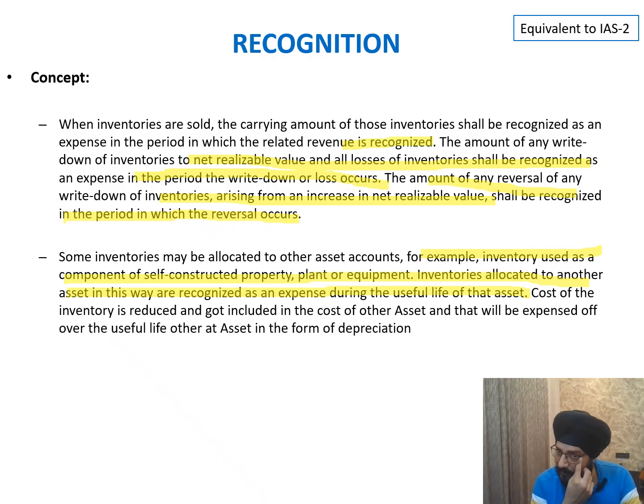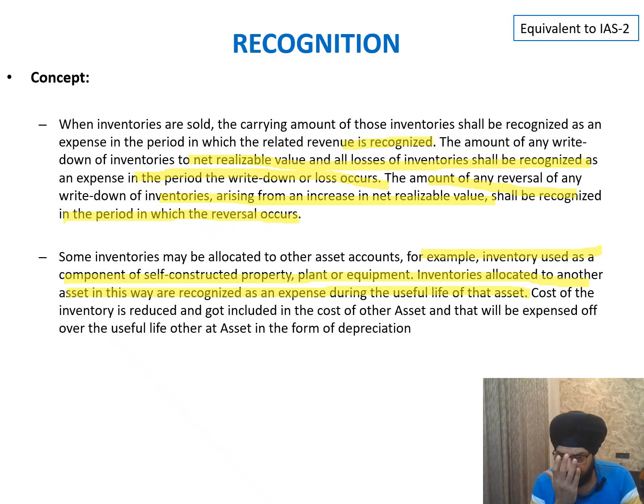For example, if I am a manufacturer producing some component which can be used in a genset, and I am creating my own genset for my own consumption, then if I use some of my own inventory, I will credit my inventory and debit my PPE, which is my genset.